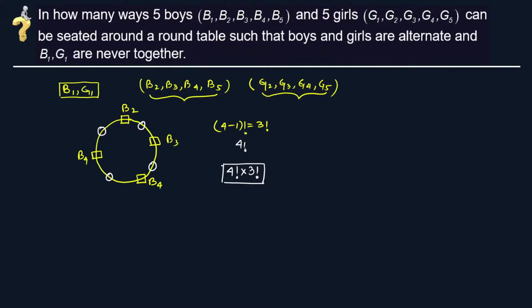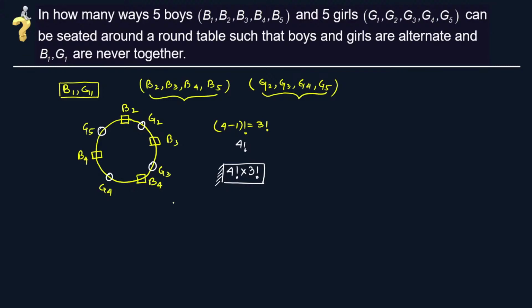Okay, so this is the total number of ways in which B2, B3, B4, B5 and G2, G3, G4, G5 are sitting alternately. Now, let us think about it. Let me just take one case here. Let it be G2, G3.